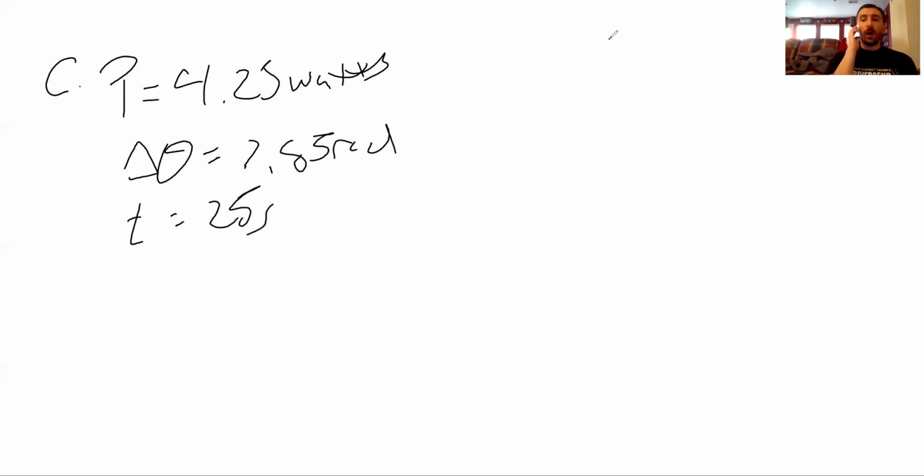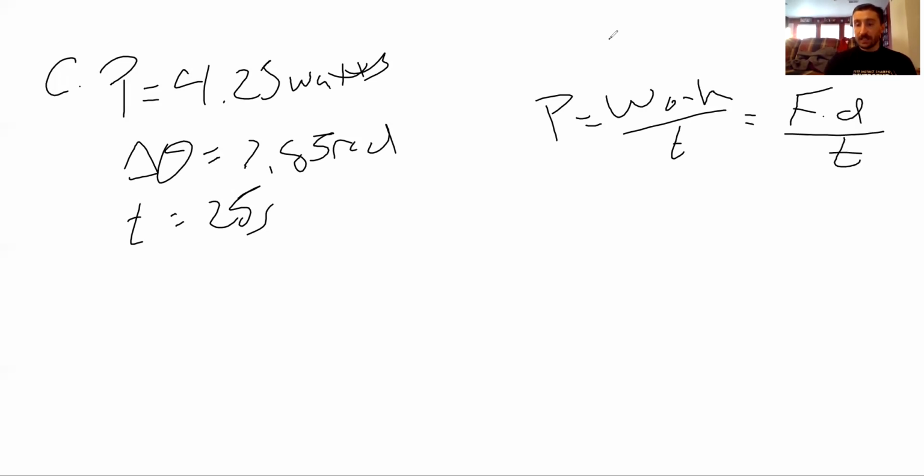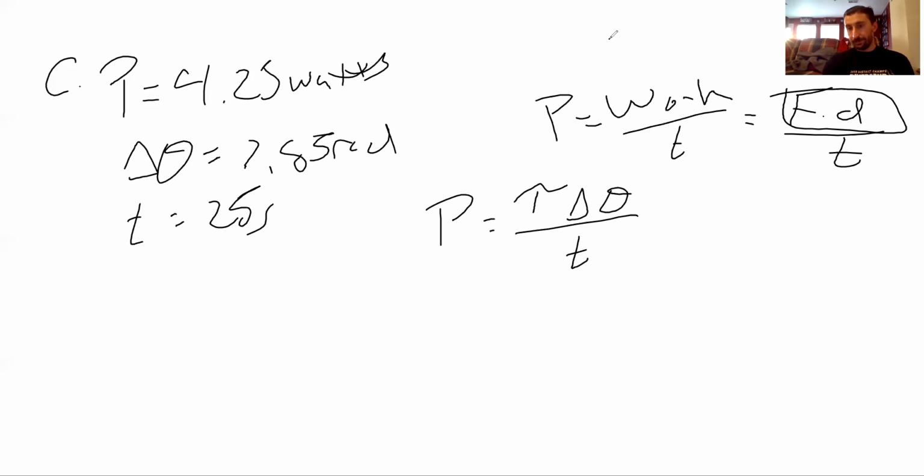I want you to remember the definition of power. Power is work over time. Our linear work is force times distance, divided by time. So if I rewrite this for rotational, force becomes torque, distance becomes theta, and time is still time. So that's the equation we're going to use here.